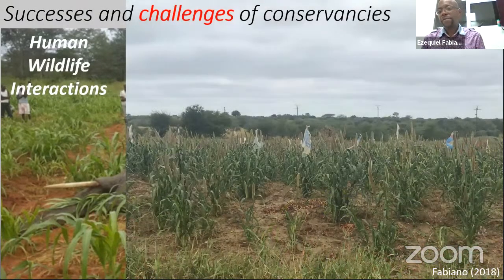Unfortunately, most of these have been positive, but they also have been negative. In this figure here, for example, it's just a picture of a field where communities are trying to minimize the impact of birds by putting plastics in the field.